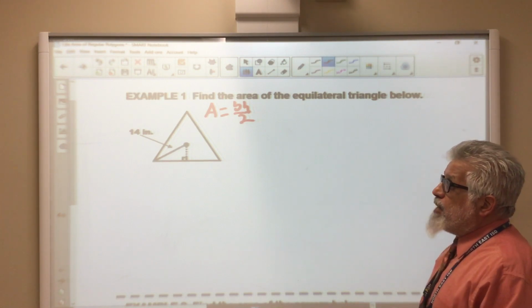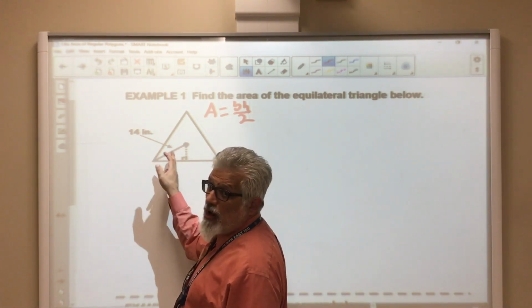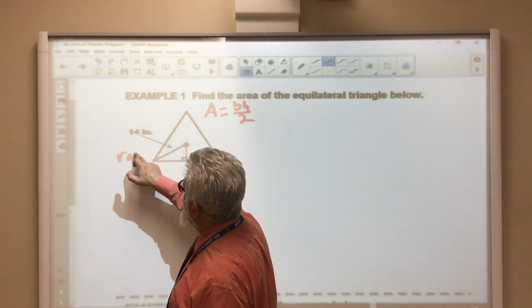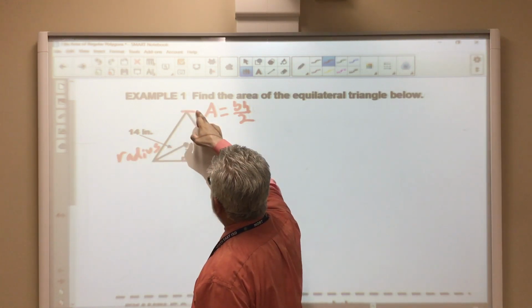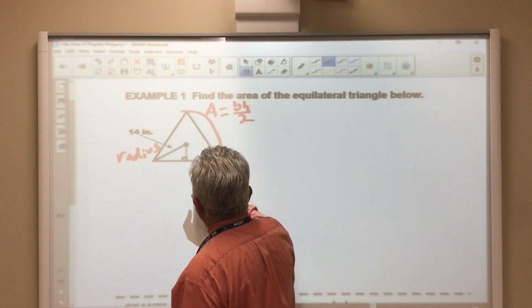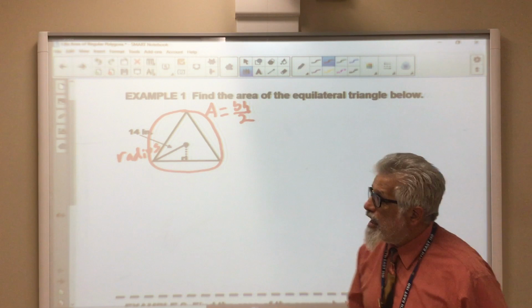Now, based on the information that's given, they give us this part right here, 14 inches. This part right here is what they call the radius. And the reason why it's called a radius is because if I made a perfect circle all the way around this, that would be the radius of that circle.